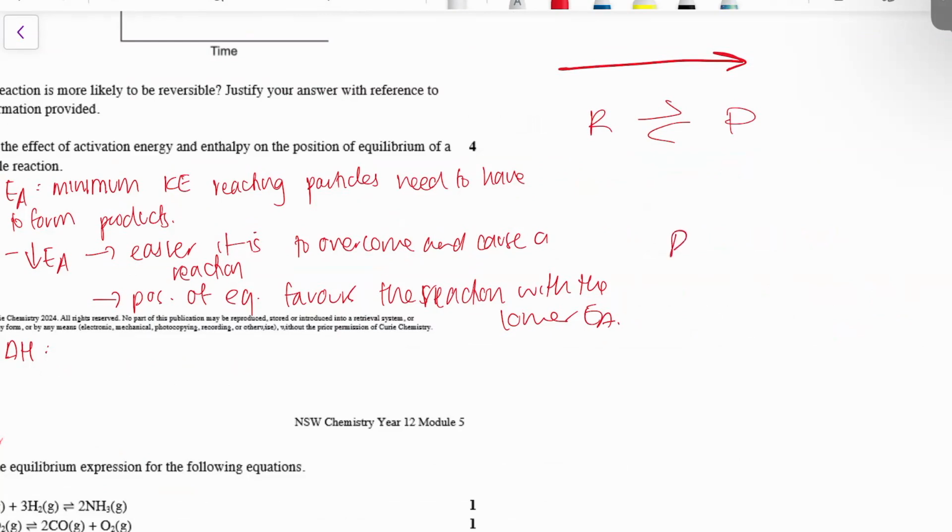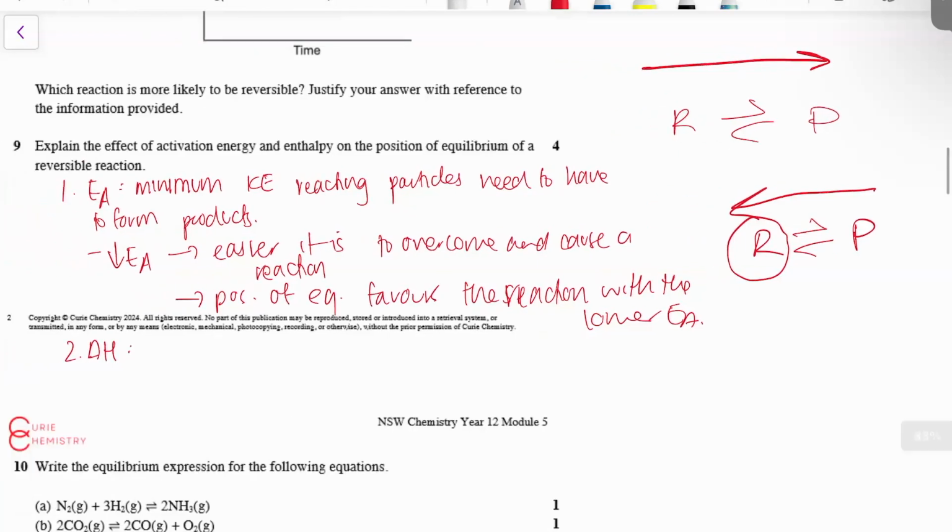And then if the activation energy barrier of the reverse reaction is lower, then it's actually going to the left and it's going to favor the left-hand side. Favoring the left-hand side is not the same as favoring the forward reaction. Favoring the left-hand side means you went from right to left, which means you favored the reverse. So that's activation energy.